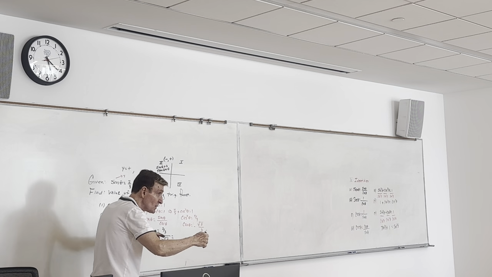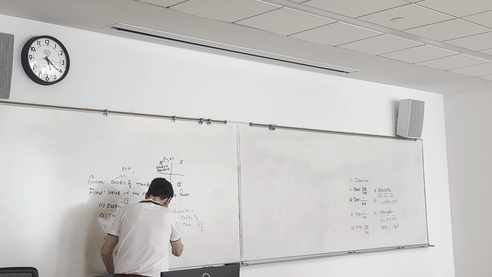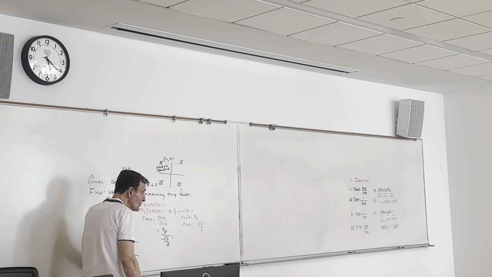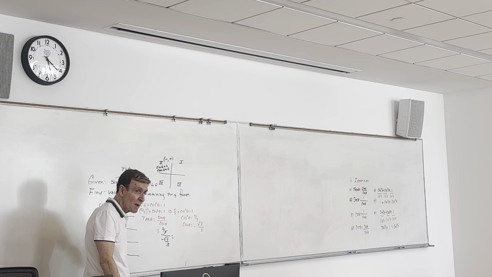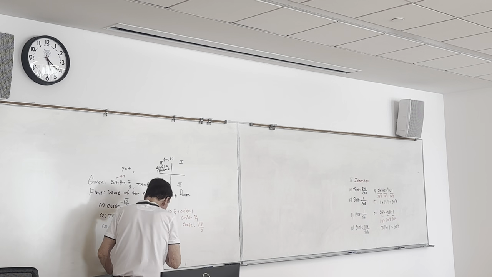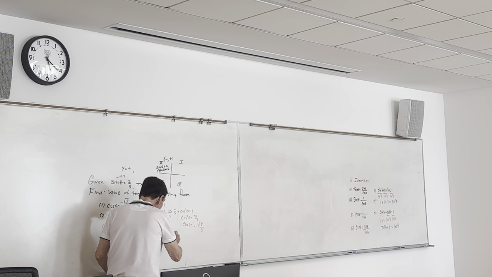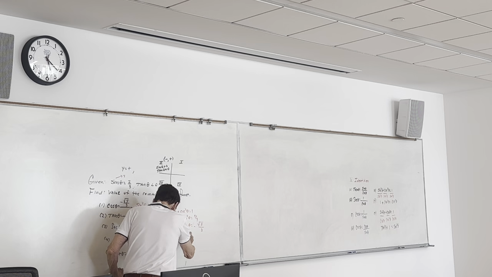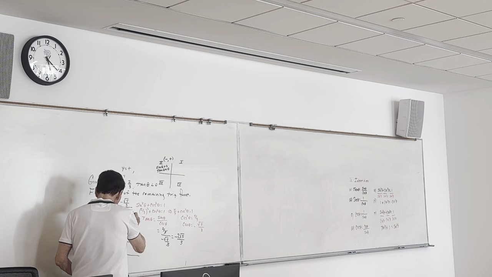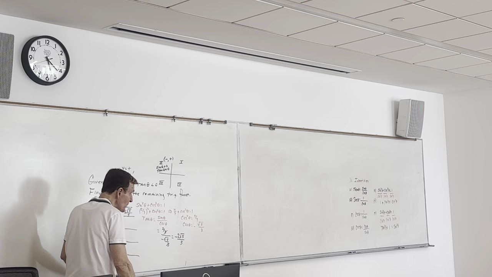Can someone tell me what that looks like all cleaned up and simplified? I'm hearing something negative for sure. Negative what? 2 radical 5 over 5. That goes here. There's another value. Done.